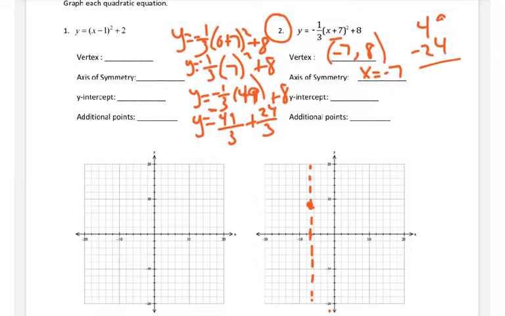I like this eraser feature. Anyway, it's 25. But it's negative 25 because 49 is negative. So what's negative 25 divided by 3? 24 divided by 3 is 8. So 1 left over is negative 8 1/3. So my y-intercept is 0, comma, negative 8 1/3.